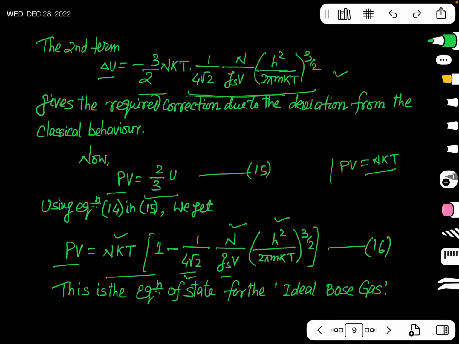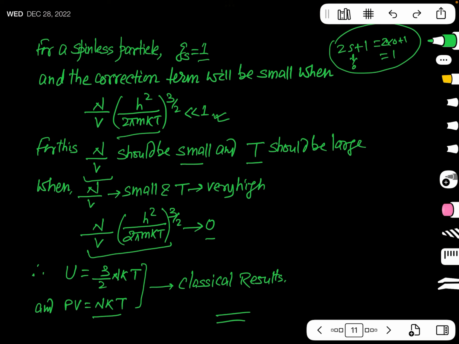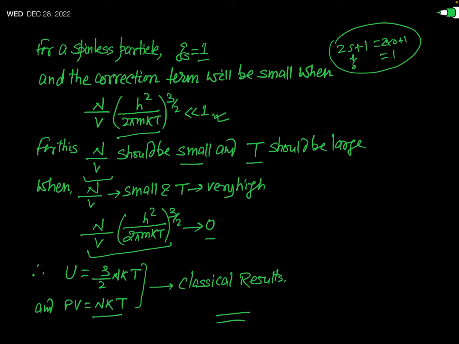And PV will then be equal to nkT. You know that both of these results are classical results. This is the energy of a perfect gas obeying Maxwell-Boltzmann statistics, and this is the equation of state of a perfect gas obeying classical statistics.